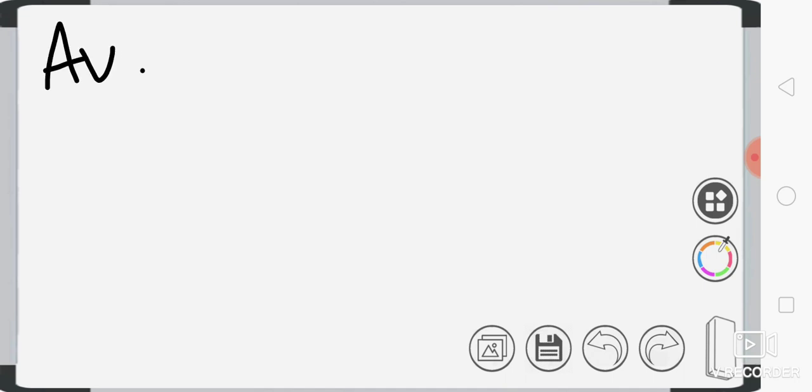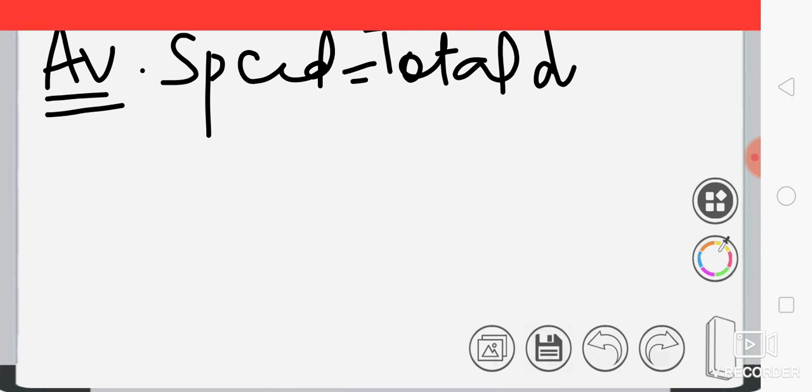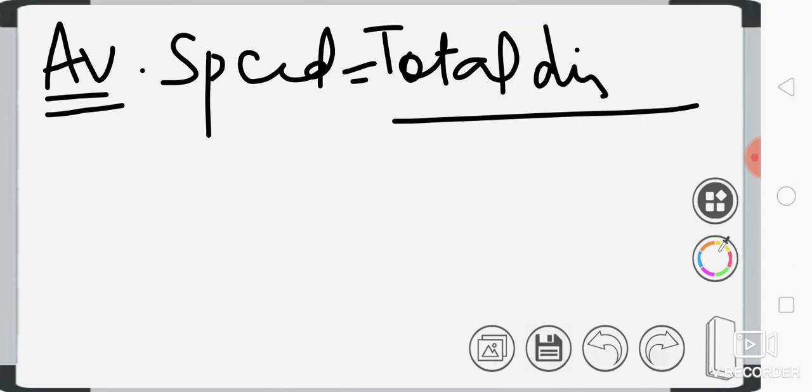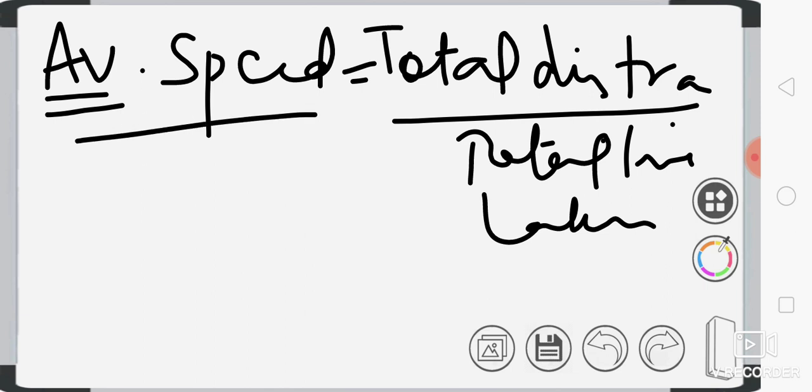Now average speed. When this word average comes, you just write total. So total distance traveled upon total time taken. Whatever distance is covered upon total time taken, we will consider. So that is called the average speed.